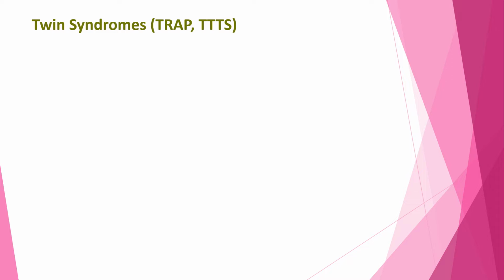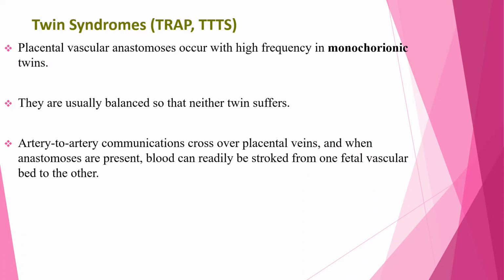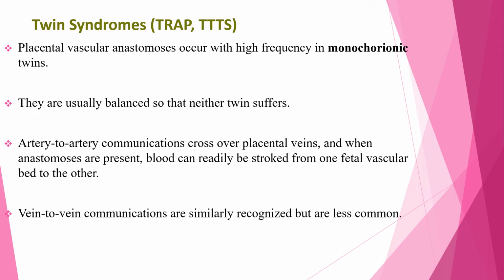When we see twin syndromes, we mean twin reversed arterial perfusion and twin-twin transfusion syndrome. Placental vascular anastomoses occur with high frequency in monochorionic twins. They are usually balanced so that neither twin suffers. Artery-to-artery communications cross over placental veins, and when anastomoses are present, blood can readily be shunted from one fetal vascular bed to the other.